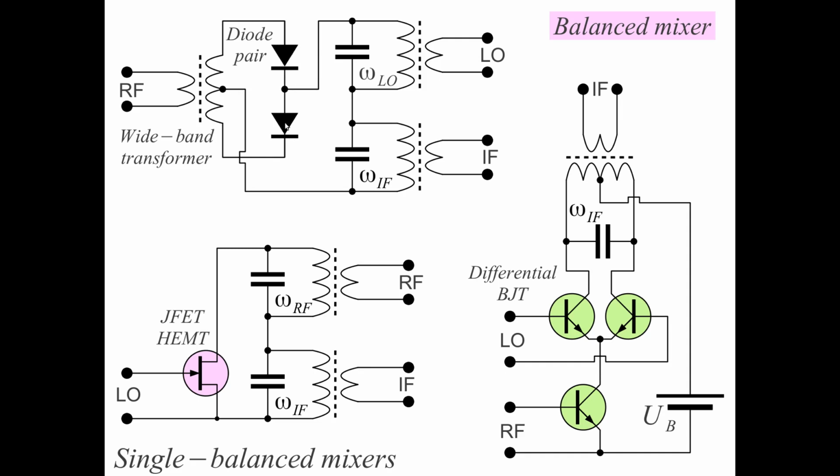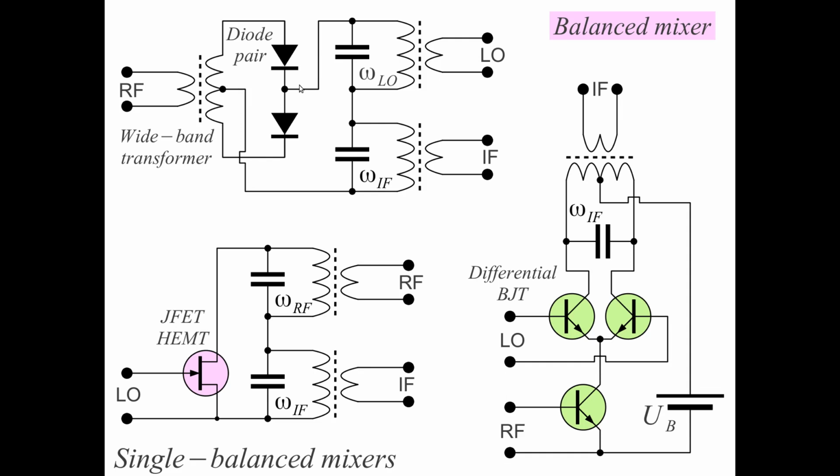They are connected in series here. This one is inverted with respect to this one. The intermediate frequency signal produced by both diodes sums, but the same circuit actually suppresses the radio frequency signal. The radio frequency signal is suppressed because of the symmetrical design of this diode.